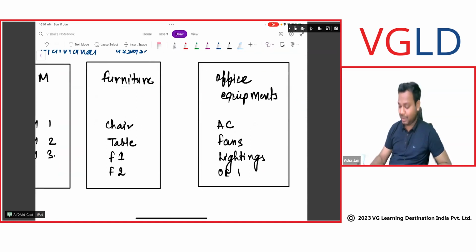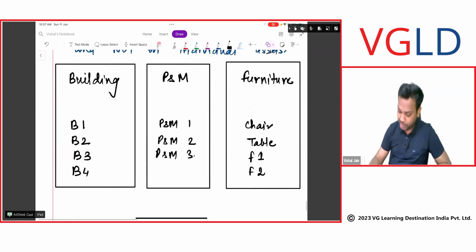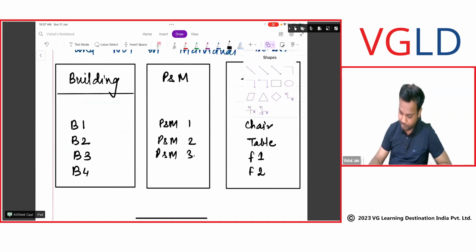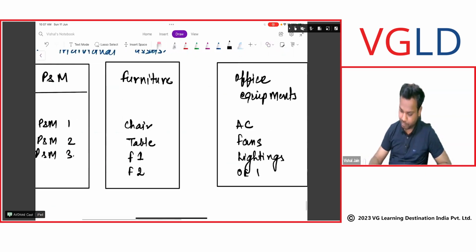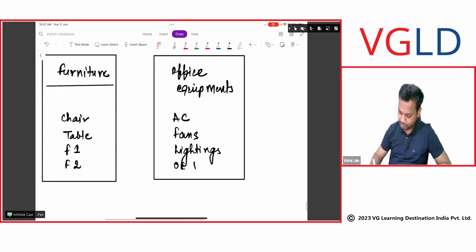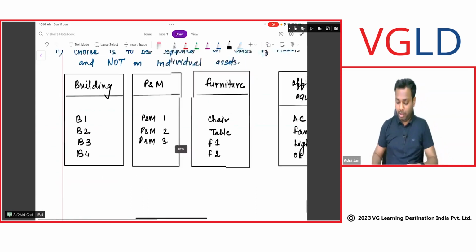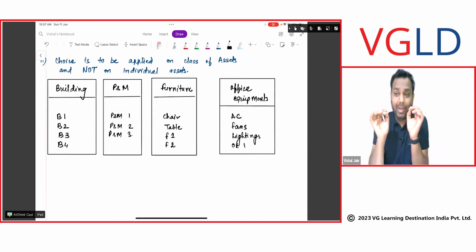Now for these classes of assets, what we have to understand here is that first of all, the choice whether I have to go for a cost model or a revaluation model has to be done class by class.